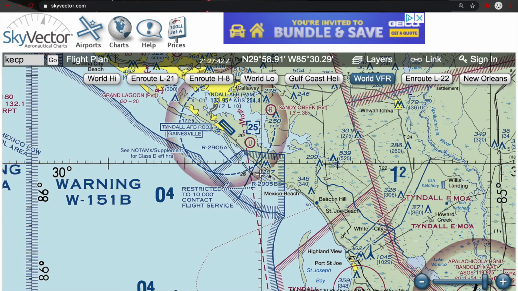I am still going to contact and find out, is R2905B active? And if they say it's not, I'm good to go. I don't have to do anything else. But if it is active, I cannot fly in that area until it becomes inactive.